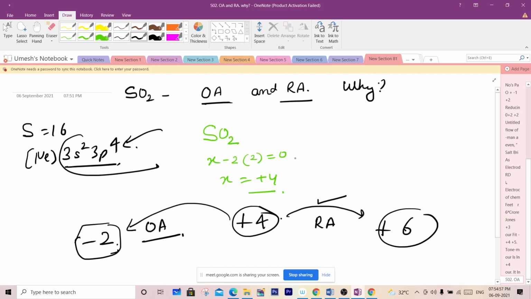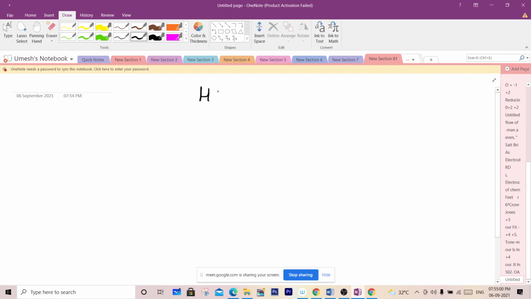Right. Okay. Now if we talk about nitric acid, HNO3, calculate the oxidation number of the nitrogen here. What is the oxidation number of nitrogen?